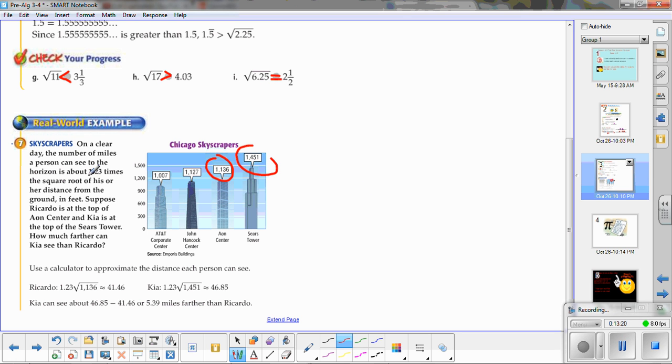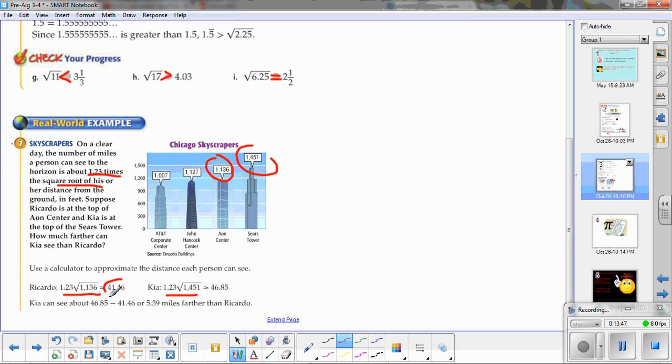Well, it's 1.23 times the square root of his or her distance from the ground. So this person is 1.23 times the square root of 1,136. And the other person is 1.23 times the square root of 1,451. And you would just type those two problems into your calculator.